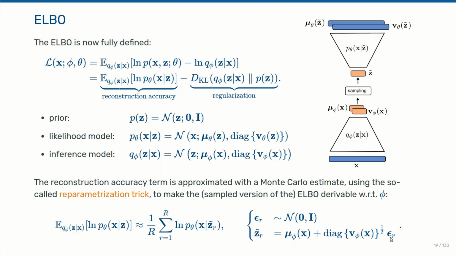The huge advantage of doing that is that now we decouple the sampling operation, which is non-differentiable, from the parameters of the encoder or the inference model, and therefore we now can backpropagate not only through the parameters of the decoder, but also through the parameters of the encoder, because the sampling operation is decoupled.